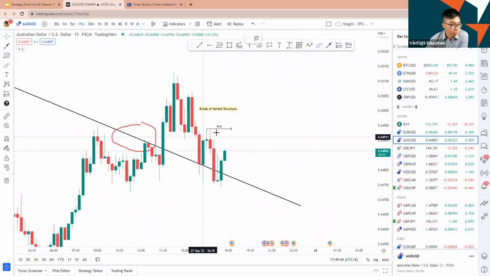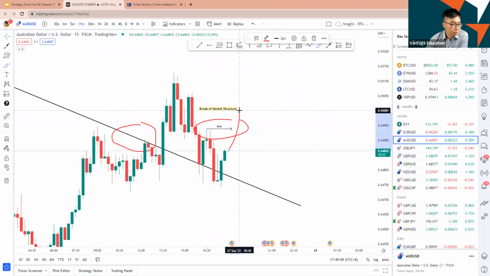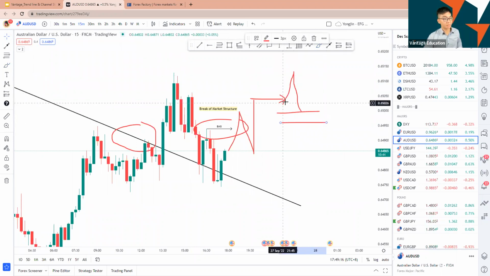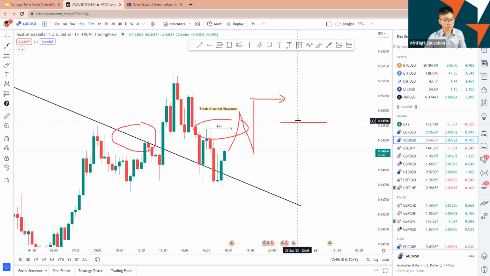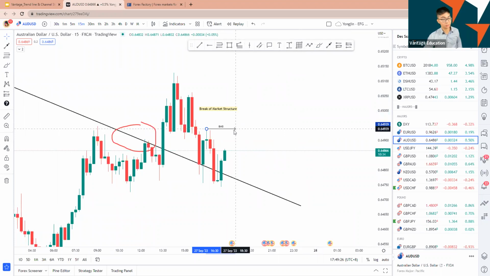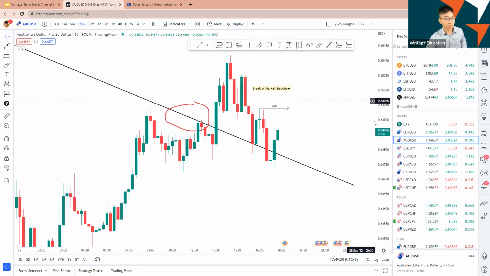I want to break it once, goes up, goes down, goes up, break twice, goes up, and then I find a retracement entry. So let me give a possible example on the Aussie dollar, on the M15 chart. So with this there, it might be a possible long, who knows?